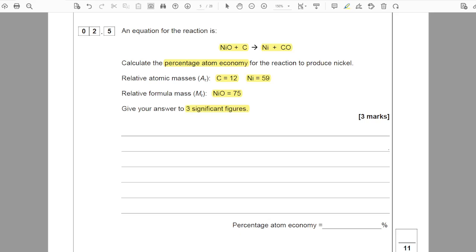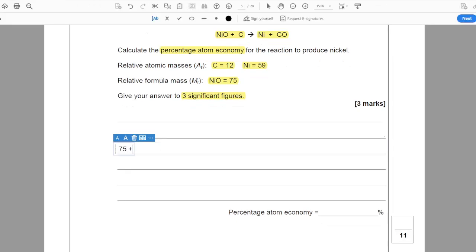Now to make the nickel, we've needed nickel oxide and carbon, which have a total mass of 87, which is just 75 plus 12. So to make our 59 of nickel, we needed 87 of nickel oxide and carbon. So the atom economy would be 59 over 87, which is 67.8 to 3 significant figures.